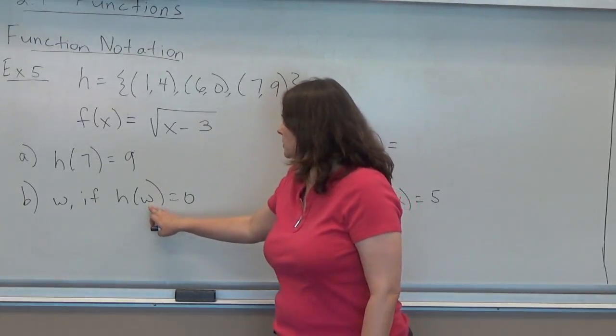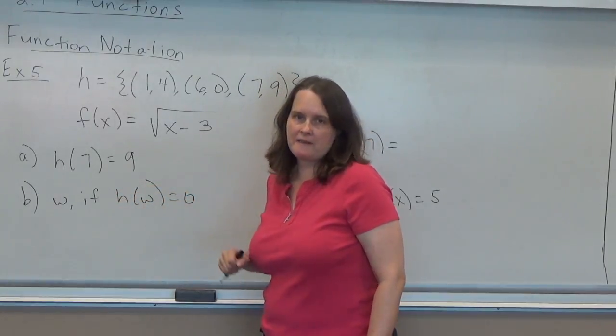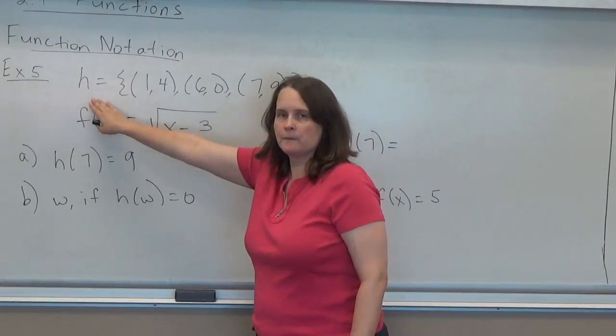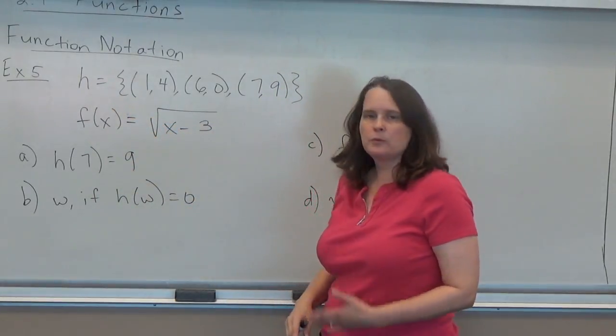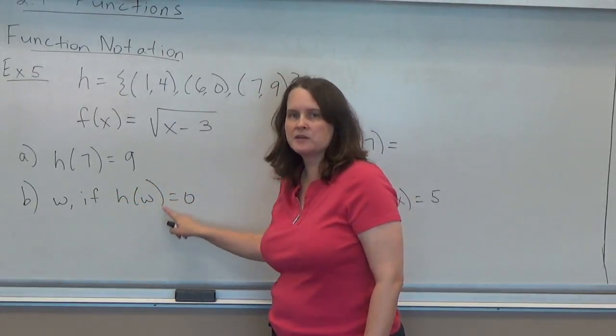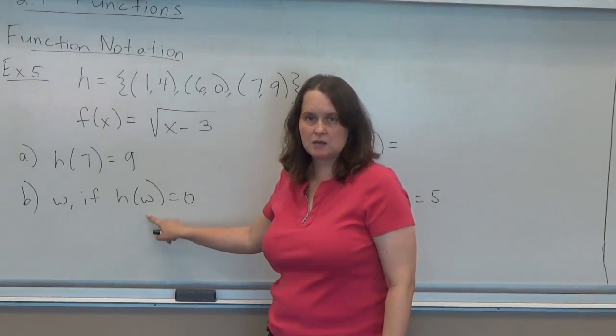Well, what is this w? This is like the x value, and h of w is like the y value. So we need to go to the h function first. How did I know which was which? Because I know that if I've got h of w, this is always the y part. The inside of the parentheses is always like the x, which is the input.